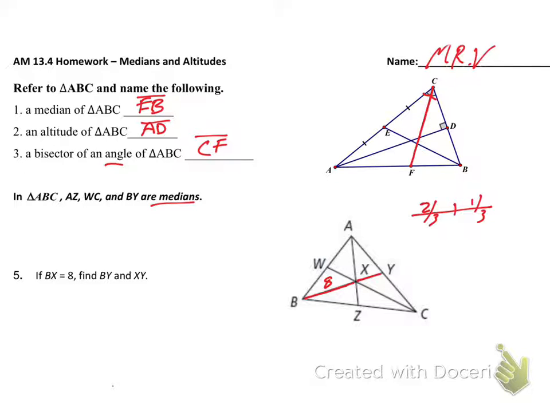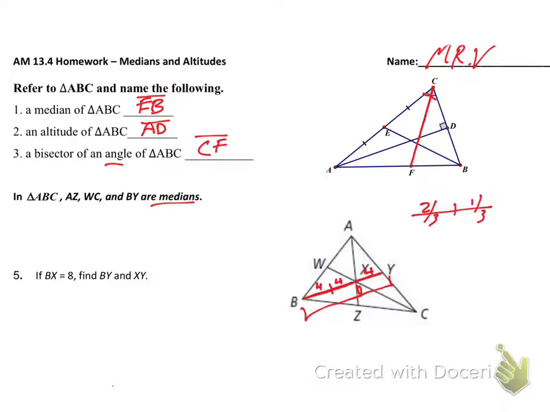So you could put this into an equation, but the easiest way to do this would be to take this 8 and chop it up. What I mean by that is, if just B to X right here is 8, and I cut that in half, that'll be 4 and 4, right? That would mean this right here would also be 4. Because now you have it into 3 parts, right? So this right here is 2/3, and this right here is 1/3.